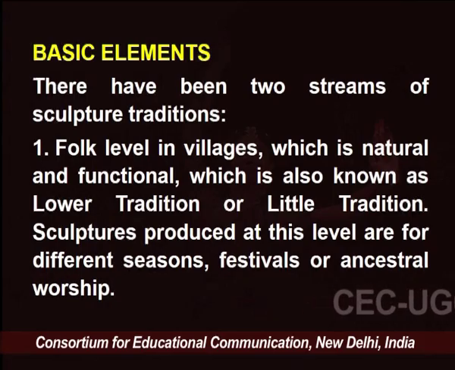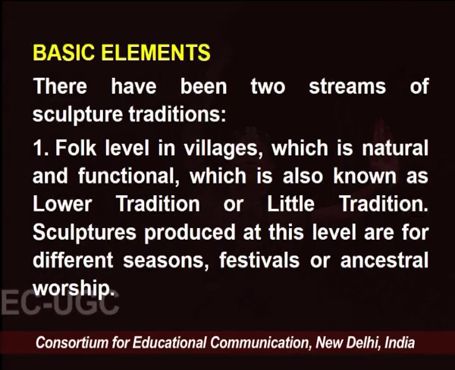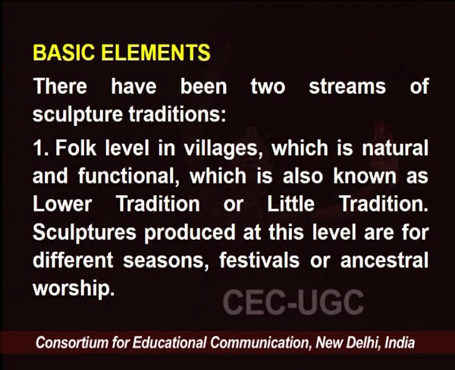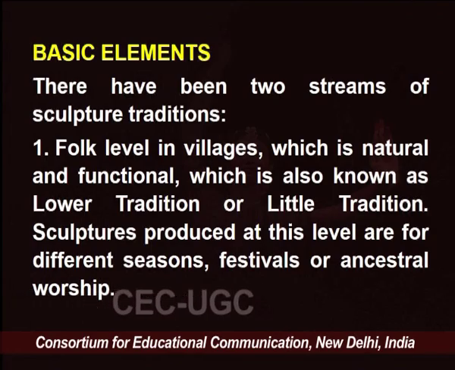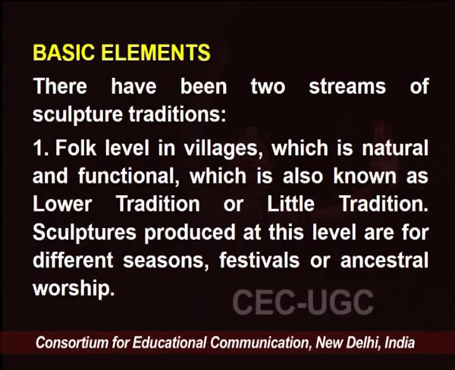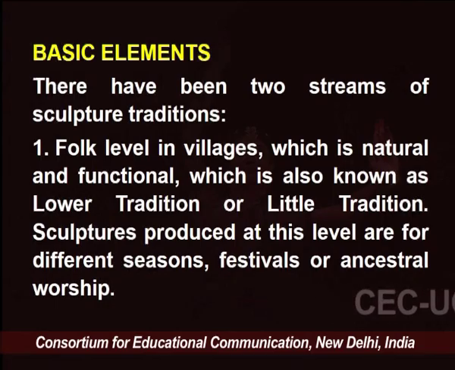Now let's study about the basic elements of sculpture. There have been two streams of sculptural traditions. The first is the folk level in villages, which is natural and functional, also known as the lower tradition or little tradition.